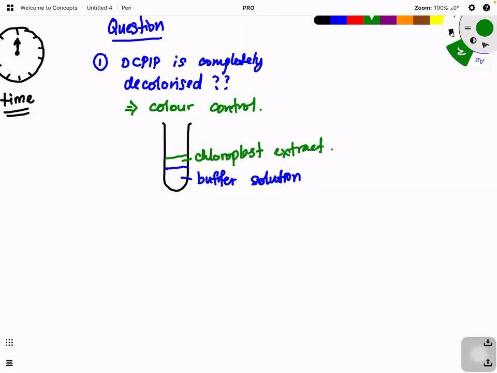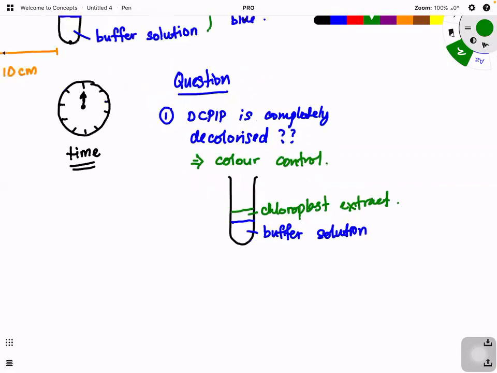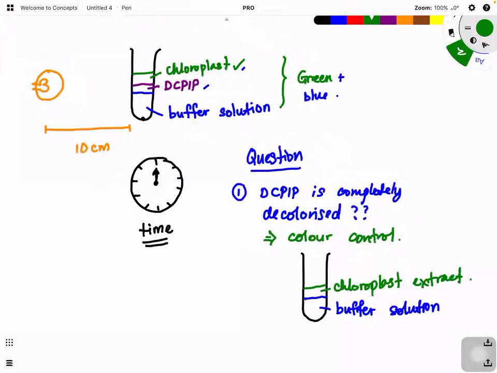So to tackle the first question, how we know the DCPIP is completely decolorized, we need to set the color control, then we can compare. Can you see that we can compare? Are you clear?